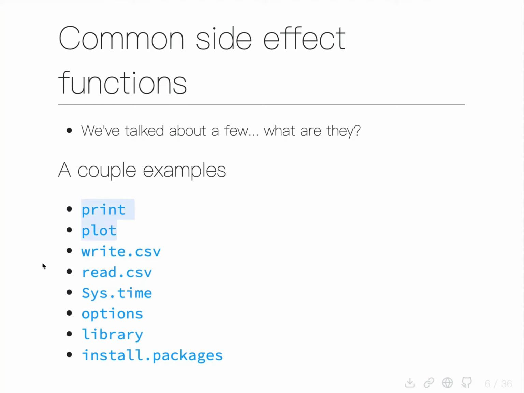Anything that produces a side effect makes that function not pure, okay? And so there are reasons that you want to generally try to make your function pure, but then there are other times, like with print and plot and write.csv, where you're running the function primarily because of the side effect, if not entirely because of the side effect, okay?